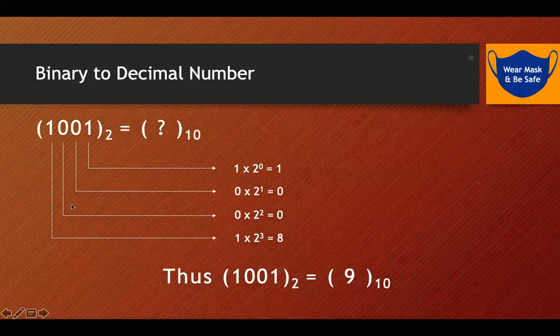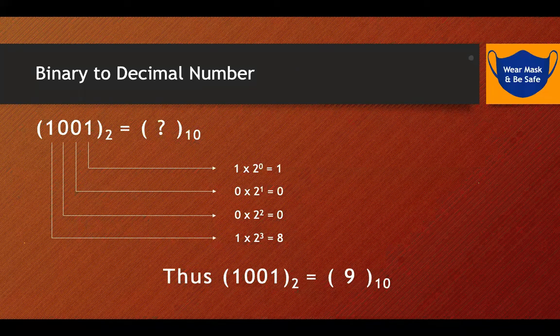Then the third one, we will start every time from the right, that is why I'm starting from the back. The third one is 0, so 0 into 2 raised to the power 2. Then the fourth one, 1 into 2 raised to the power 3. If you notice, I have increased the power by 1 each time: 2^0, 2^1, 2^2, 2^3. And here you must have noticed we have written the number backward: 1, 0, 0, 1.